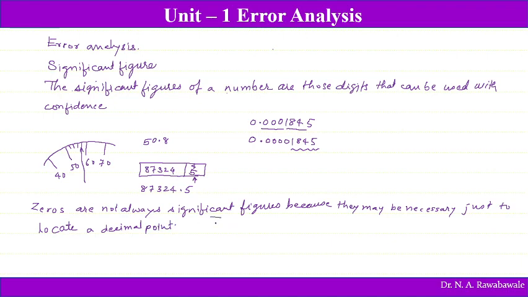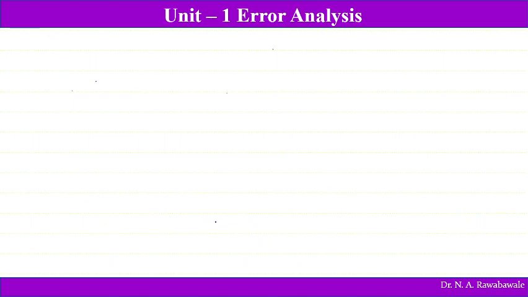Now, the trailing zeros are used in large numbers.